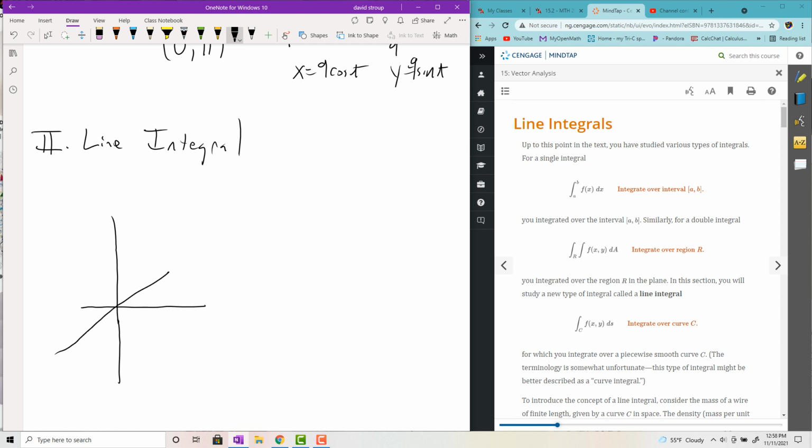So you have some sort of curve maybe here in the xy plane, and you can think of this as a curtain type idea. So what you're going to be doing is finding the area of that little wall that's being built right there. But anyways, the integral will be f of x comma y ds, and they write it like that.